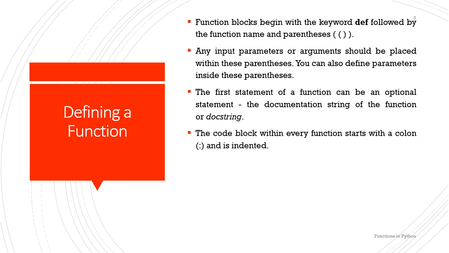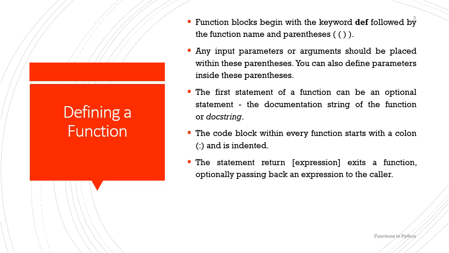The code block within every function starts with a colon and it should be indented, as told in the case of loops and branching statements. The return statement followed by an expression is used to exit a function by passing back an expression to the caller. A return statement can be used without any arguments. This also helps to return from a function, but it returns a None value.